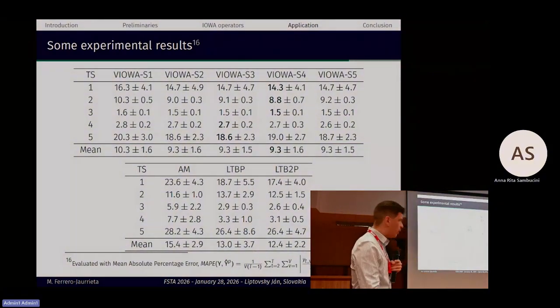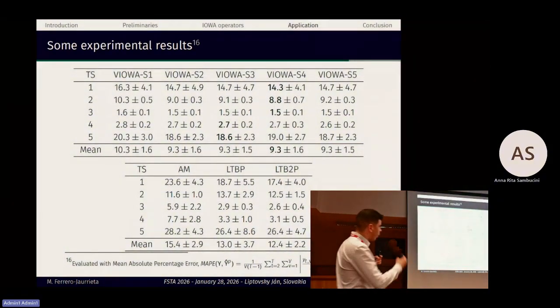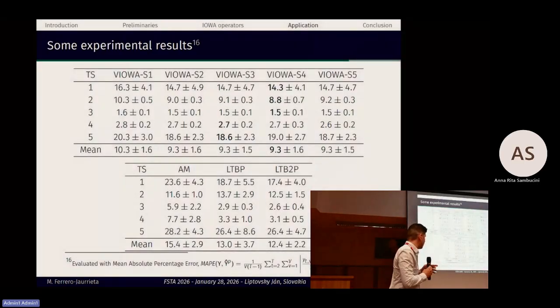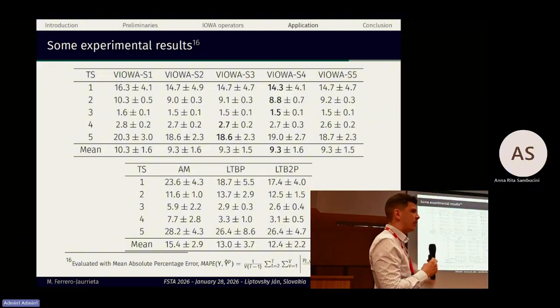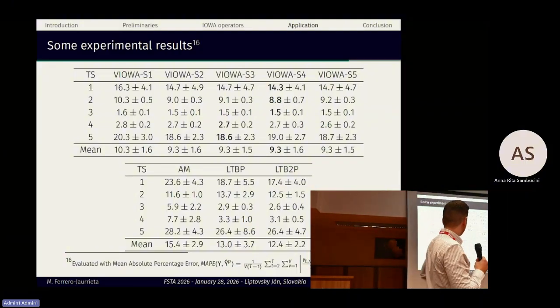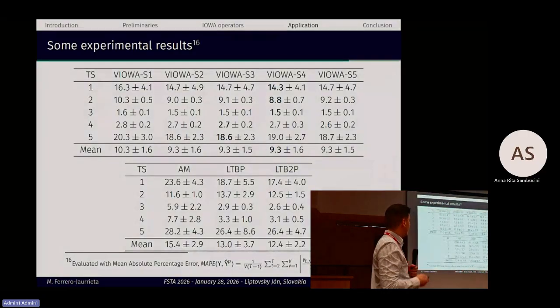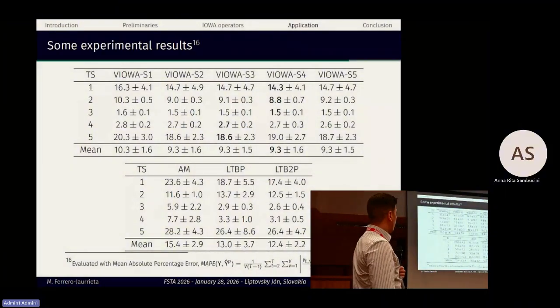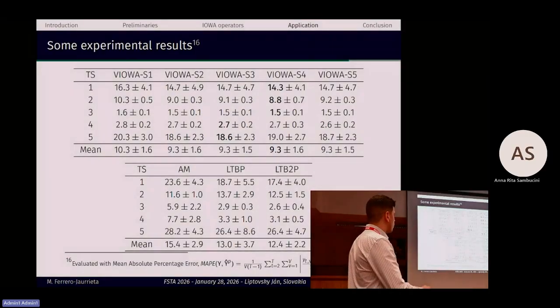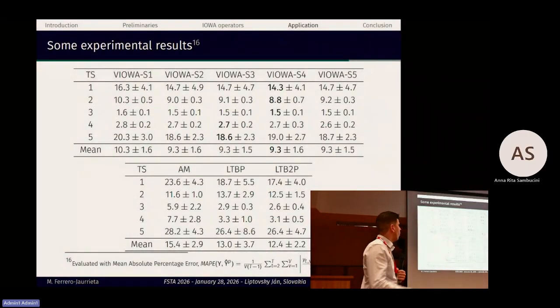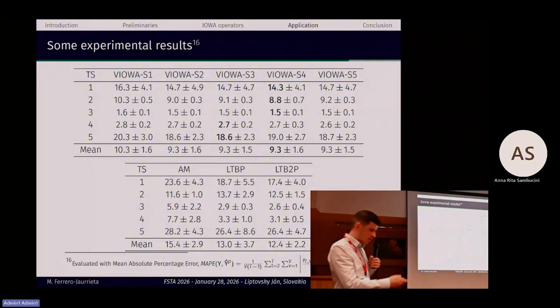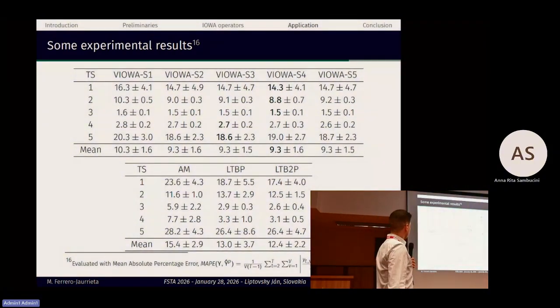Here we have some numerical results evaluated with the mean absolute percentage error. We have also used other metrics, but I prefer to present the mean absolute percentage error because I think it is easier to interpret. As you can see here, the best results, at least numerically, are obtained when we use VIOWA operators, and concretely VIOWA with sequence 4 and sequence 3.